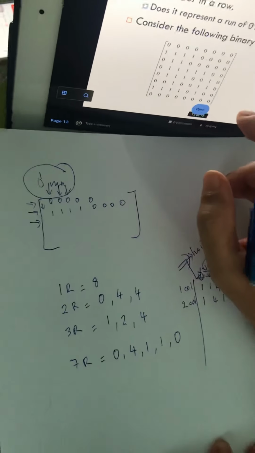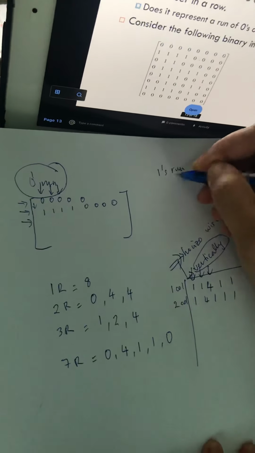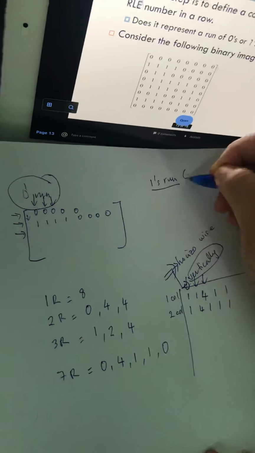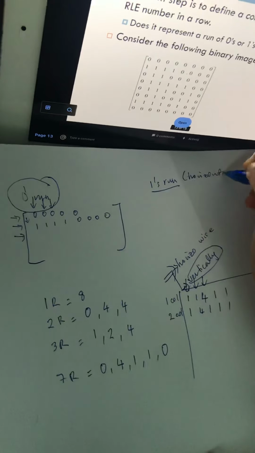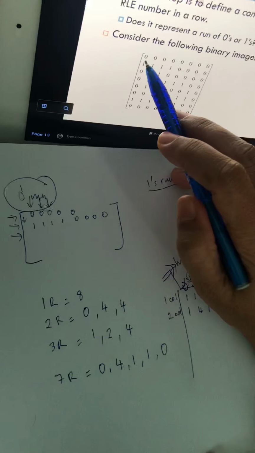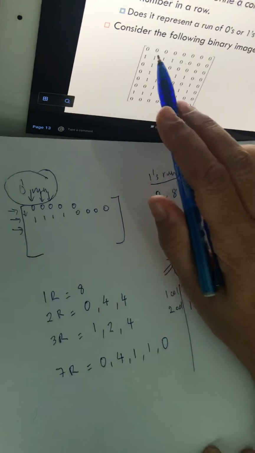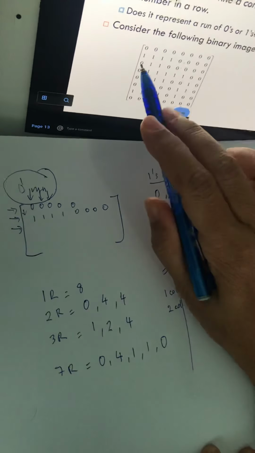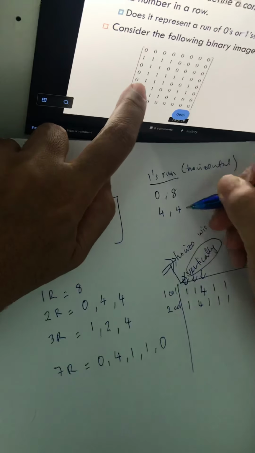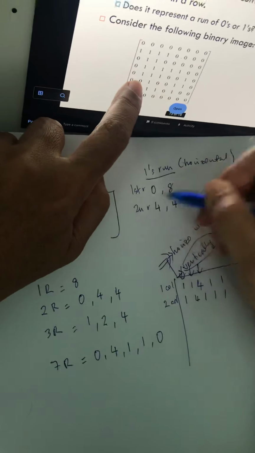As an example, if it is a 1 run, you search for the 1 first. So this is the horizontal. Then there is no 1 in the first column. So 0, 8, because there are 8 zeros. Second, 4, 4. First row, second row.